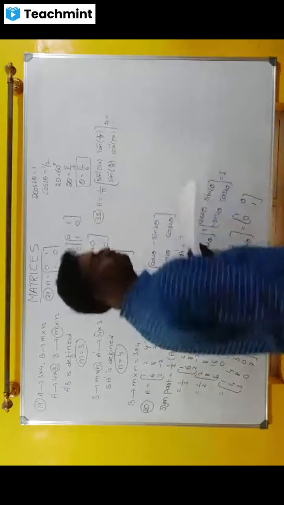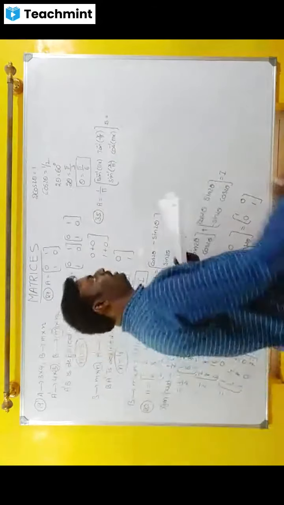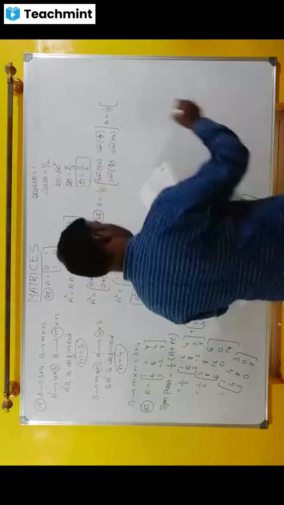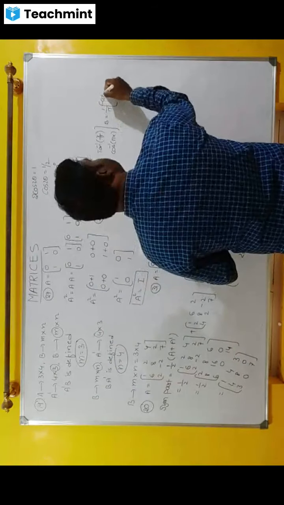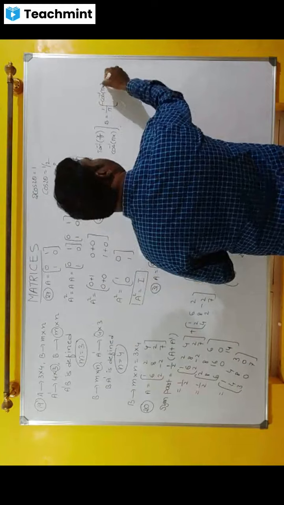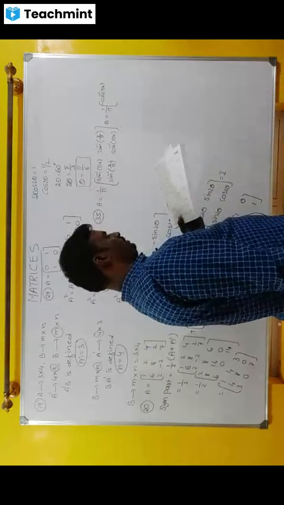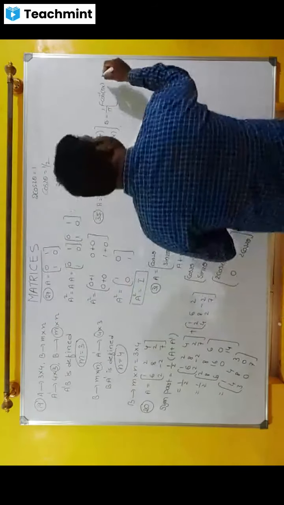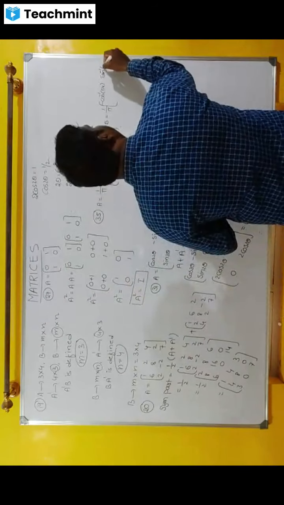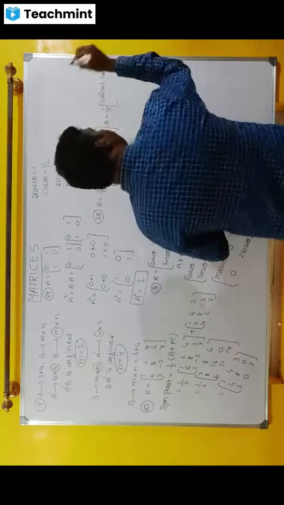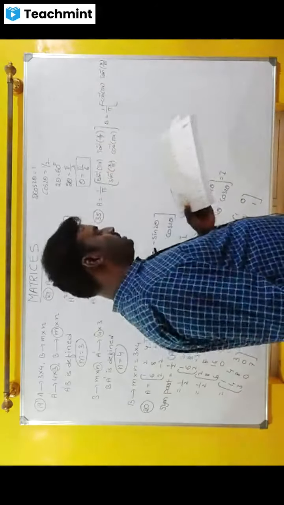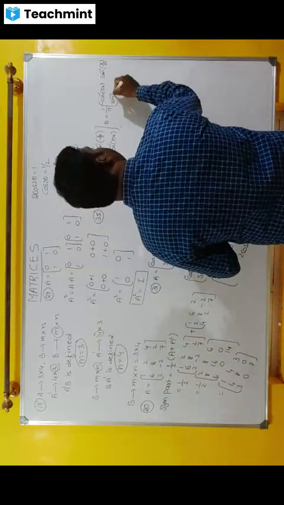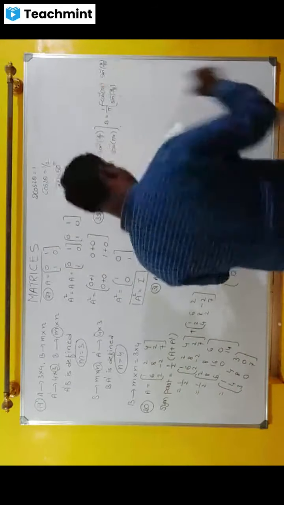B equals, that is the second matrix, 1 by pi into: minus cos inverse pi x, tan inverse x by pi, sin inverse x by pi, and the fourth one.